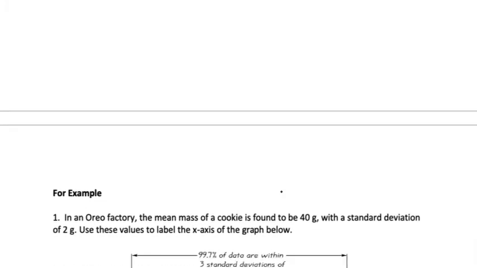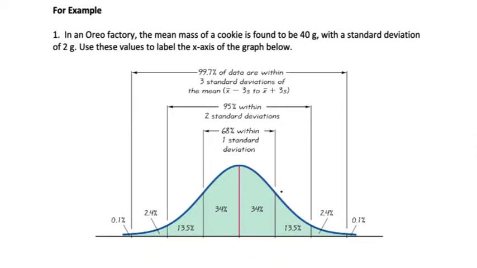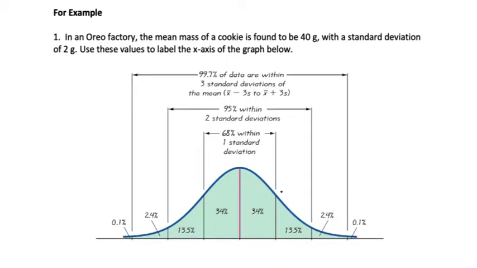So we're going to do an example here. We have an Oreo factory where the mean mass of a cookie is found to be 40 grams, with a standard deviation of 2 grams. Use these values to label the x-axis of the graph below. So my mean is 40, so that goes on the middle line. Then I add the standard deviation, which is 2, to get 42. Add a second standard deviation, another 2, that gives me 44.